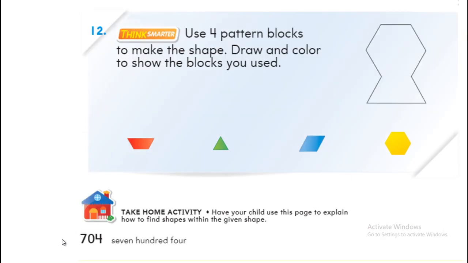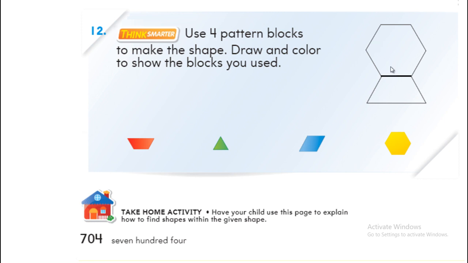The last question. Question number 12. Use 4 pattern blocks this time to make the shape. Draw and color to show the blocks that you used. I do have a hexagon here. So when I put my line, I'm gonna show you 2 blocks, but I want to show you 4.